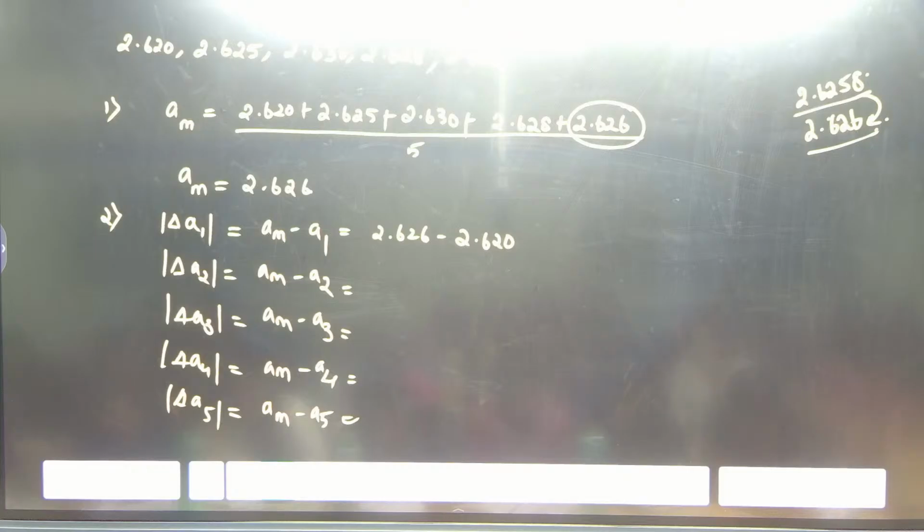You have added. First you should add these things: 2.620 plus 2.625 plus 2.630 plus 2.628 plus 2.626. You should add everything. For example, you may get 13 point something, then divide it.